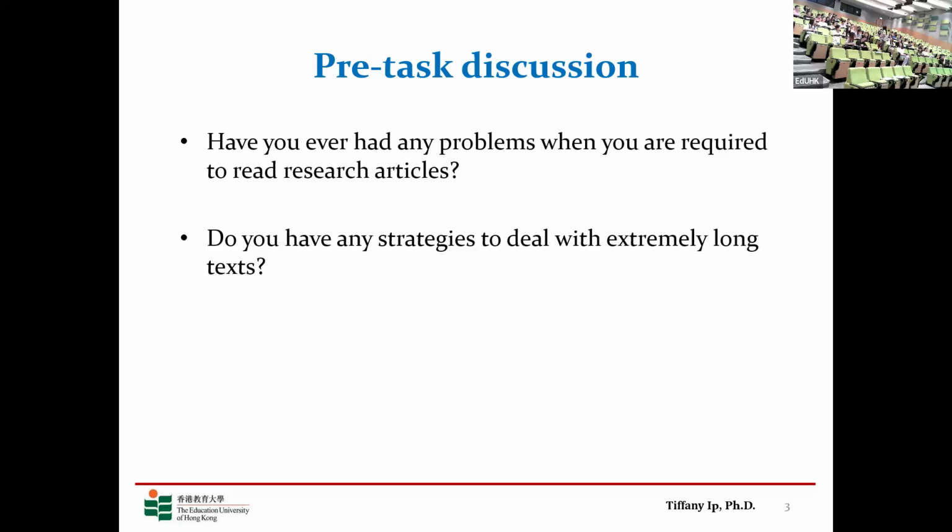I often have difficulties in reading compound sentences and inverted sentences. Complicated sentence structures make you find some difficulties, right? Okay, good. Any others? There is so much terminology in research articles.